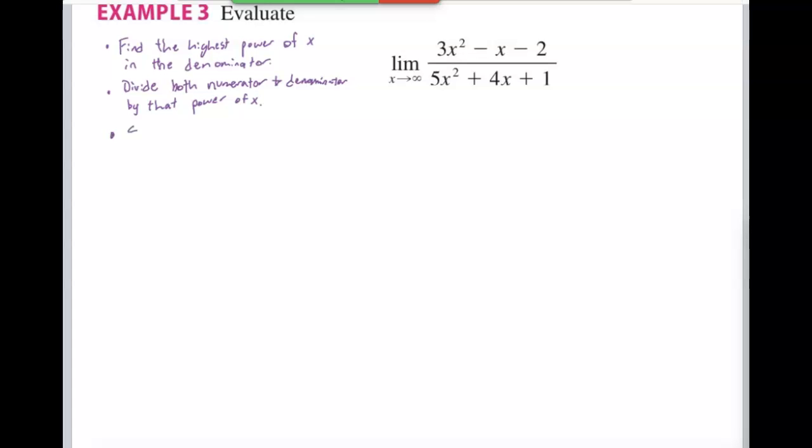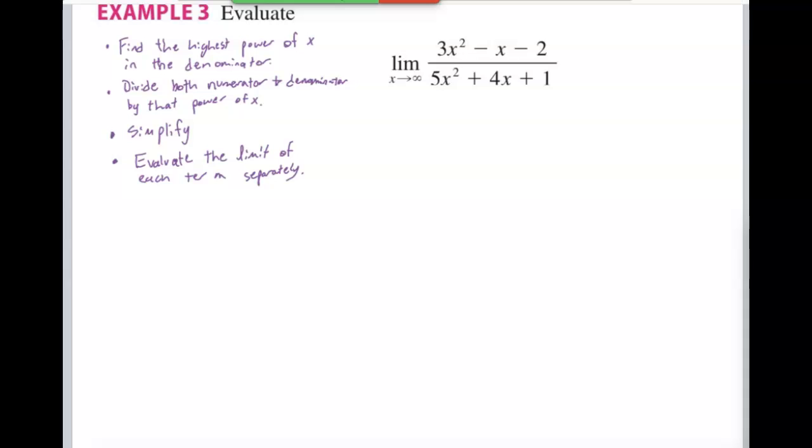You're then going to simplify as much as you can. Then evaluate the limit of each term separately, which our limit laws allow us to do.